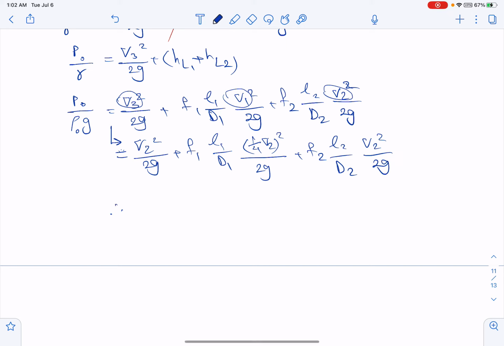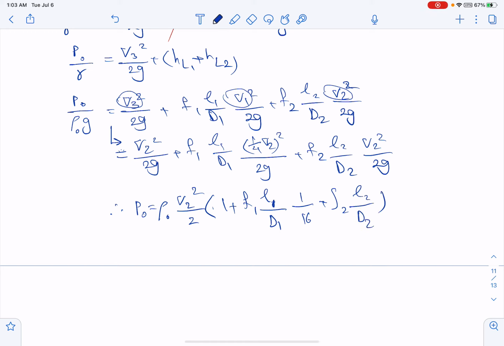From here, the formula I get is 1 plus f1 L1 over D1 times the diameter ratio to the fourth power, plus f2 L2 over D2.